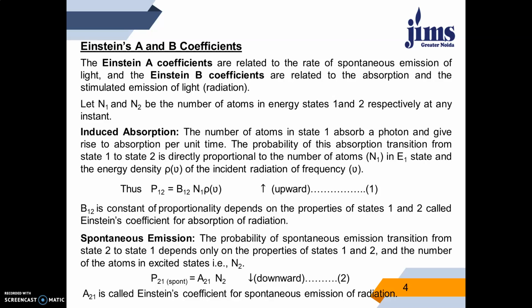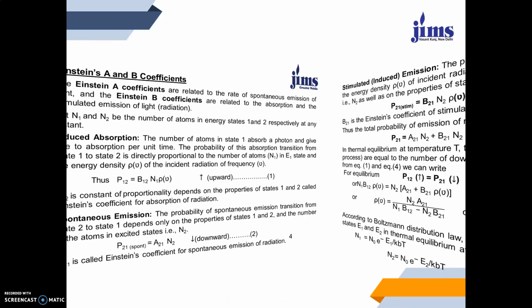So P21, that is spontaneous probability, is equal to A21 N2, where A21 is called Einstein's coefficient of spontaneous emission of radiation, which is constant of proportionality. And since this transition takes place from upper state to lower state, that means it is downward transition. So it is represented by equation number 2.